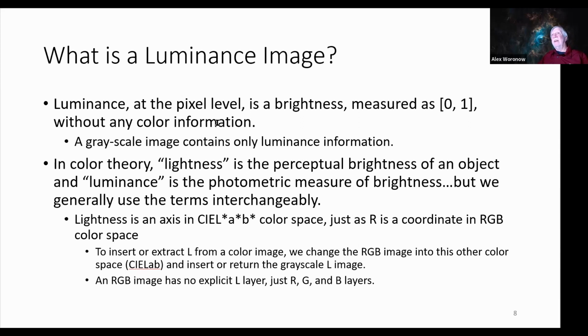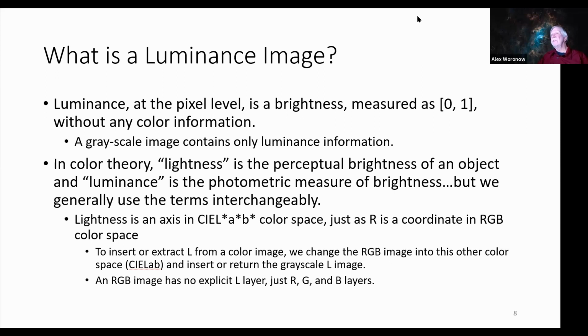What is a luminance image? We capture luminance images, and at the pixel level, its brightness is all we're measuring. Some measure usually between 0 and 1, or if we have 16-bit, then it's one of the values available over a span of 2 to the 16th. It has no color information, obviously. It's a grayscale image. And in color theory, the word lightness is used for perceptual brightness.